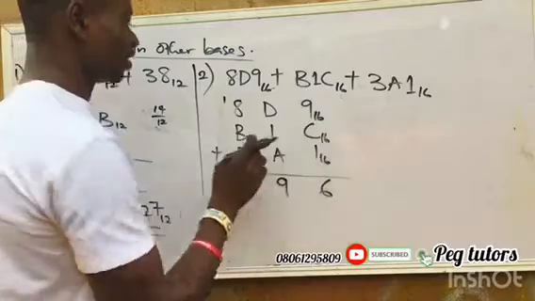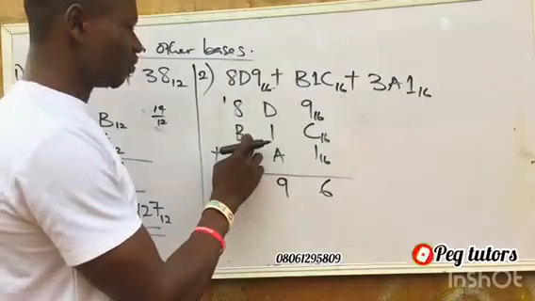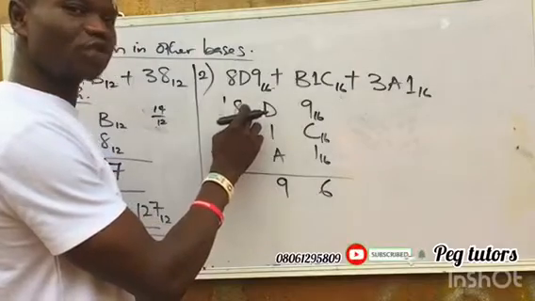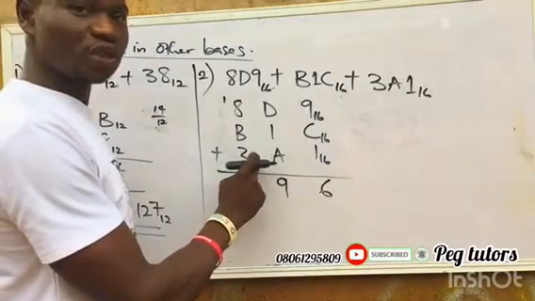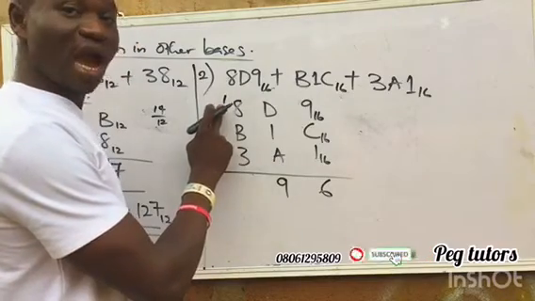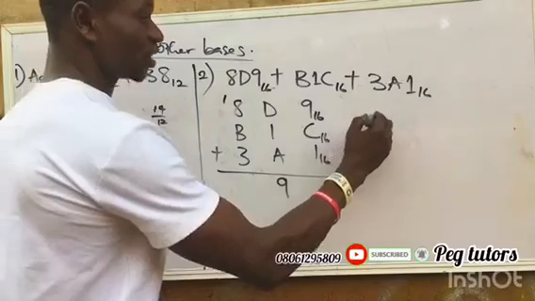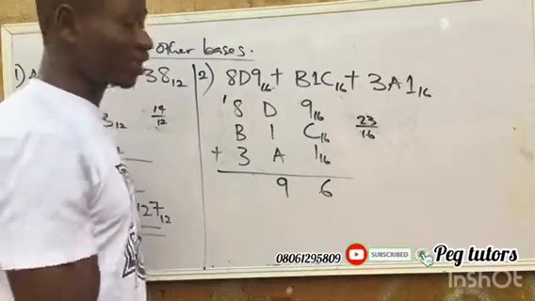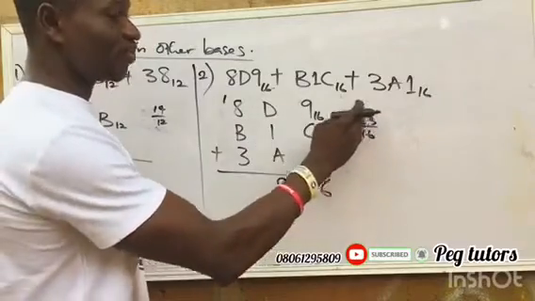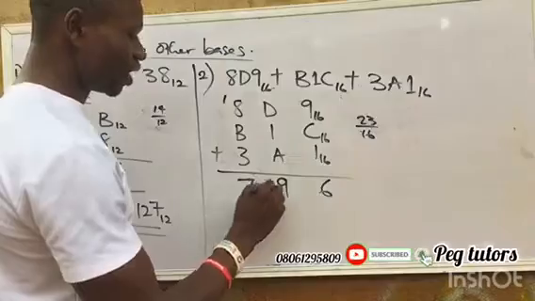Do not forget that. Then B is 11. 11 plus 8 will give you 19. 19 plus 3 will give you 22. Remember, you brought 1 here. Add 1 to it, making it 23. 23 is bigger than 16, remember, so you have to divide it by 16. It cannot exist under this. So divide it. It will give you 1 remainder 7. So put down 7, carry the 1.